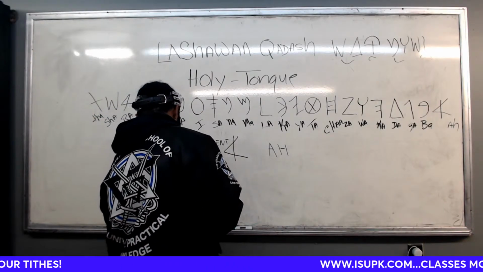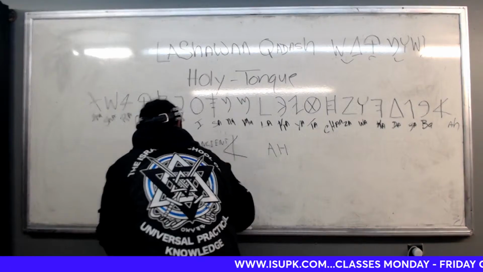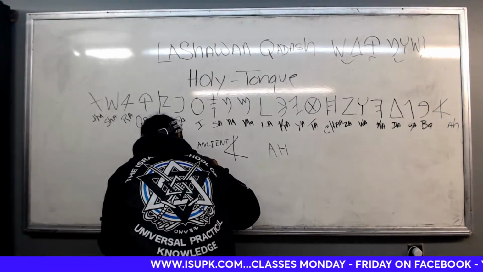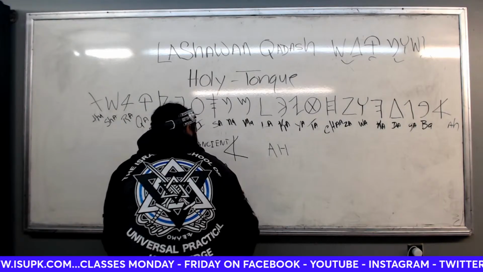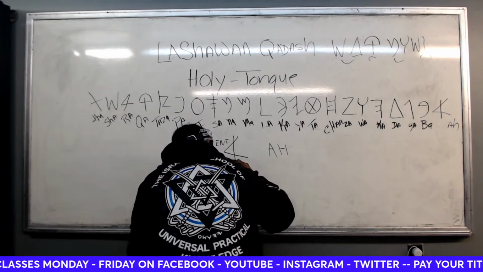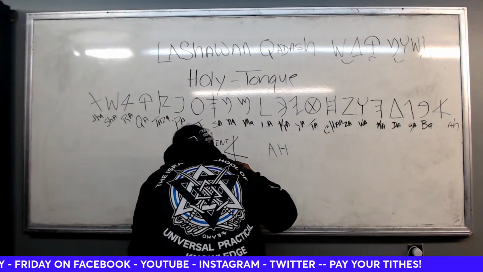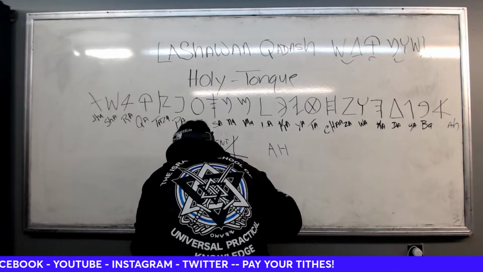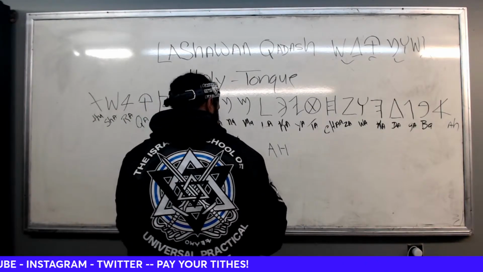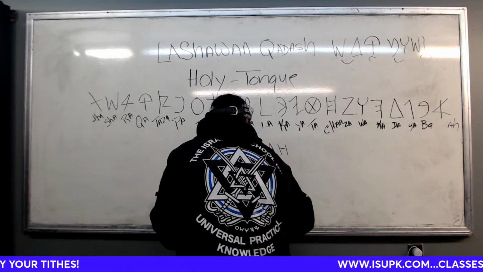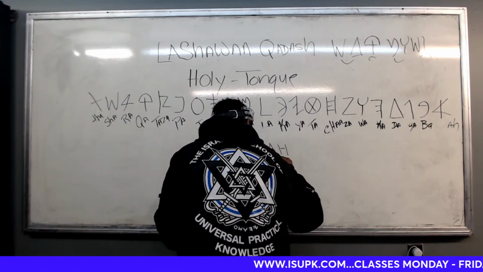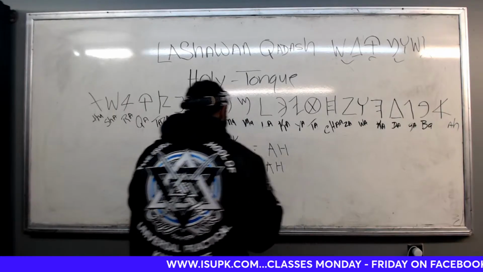So you got your Assyrian right here, and your Assyrian is kind of like an X like that. Boom. And that still is I. I just put an equal sign just so you can know. Then put an H. So it's still your I right there.